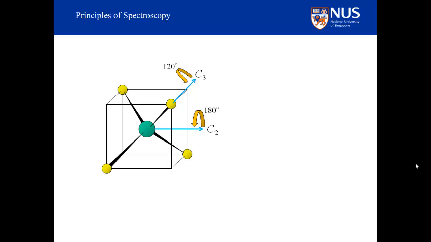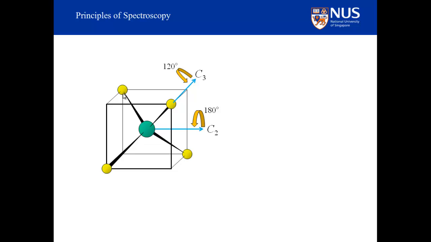And now, hopefully, you can see indeed that a cube does have a threefold rotation axis. You can see that if I rotate around this C3 axis by 120 degrees, the three atoms not on the axis will permute with one another, and that indeed this is a symmetry element of the molecule. You will notice that if I rotate around this axis here, this atom will go to this position, this atom will go to this position, and this atom will go to the position of the first atom.